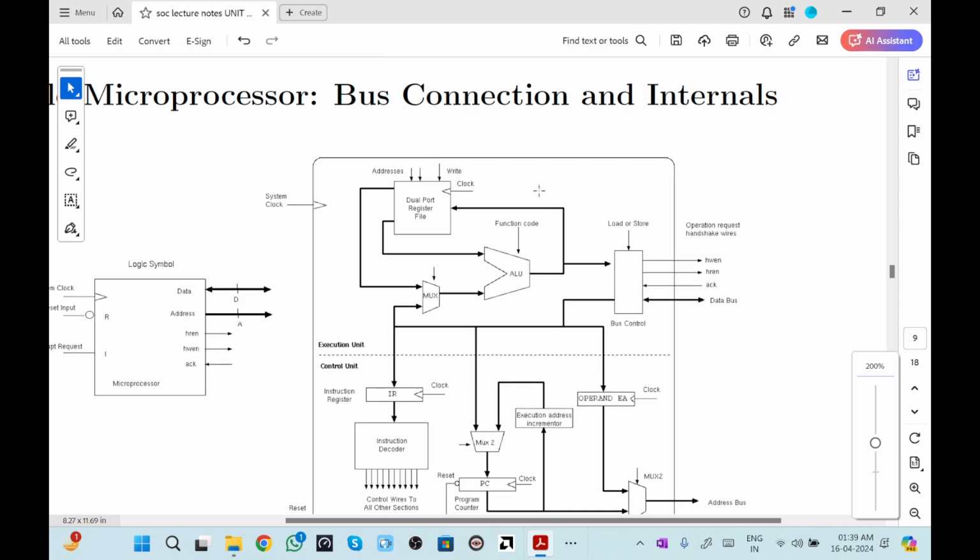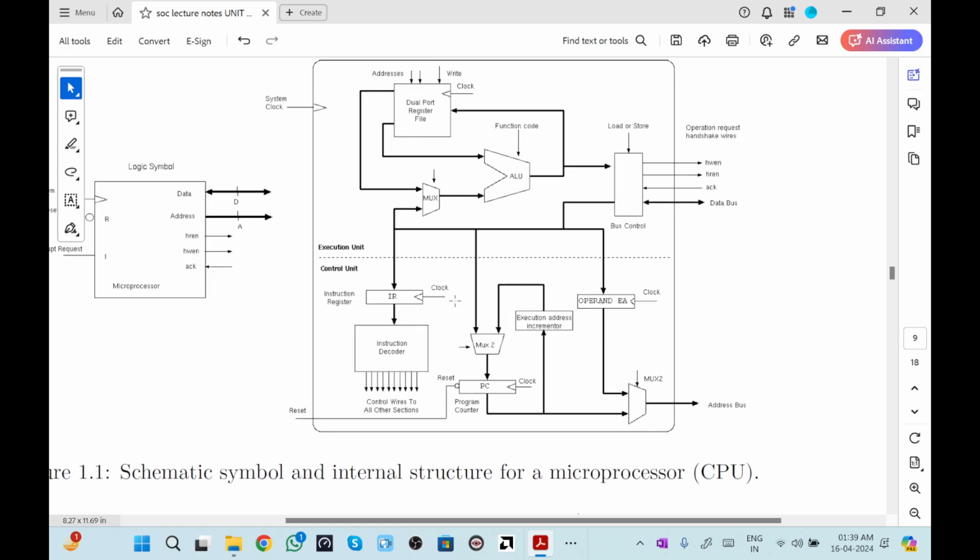Let us have a close look at the internal diagram and how it works. We can see a mux, a combinational circuit, whose output is dependent upon the select line. Then we have the ALU, arithmetic logic unit, in which there is addition, subtraction, whatever operation we assign.